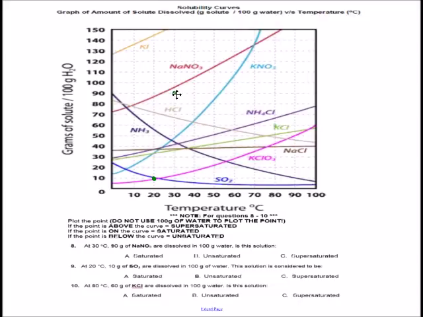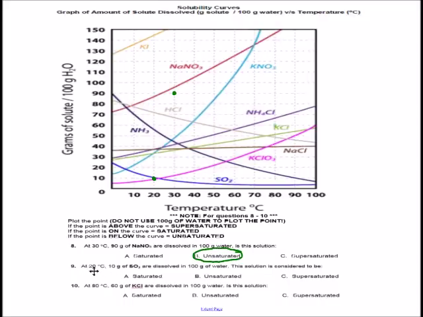Now, they're asking about sodium nitrate, which is that red line. Is my point above, on, or below that line? Below that line, right? So below the curve means that is unsaturated. I could keep adding solute until it gets to that point. So this would be unsaturated.